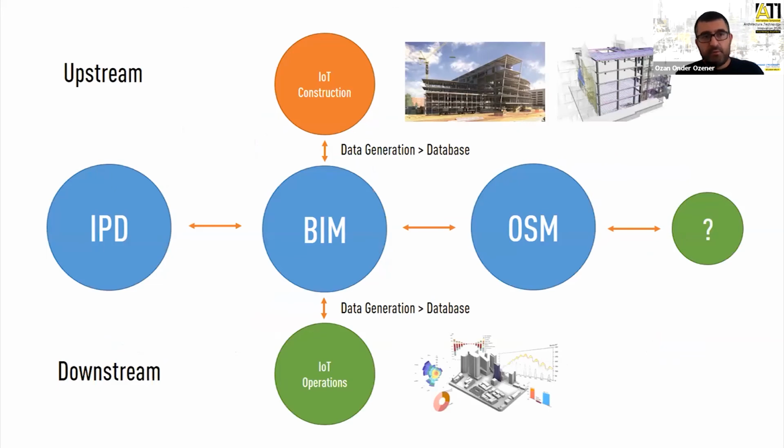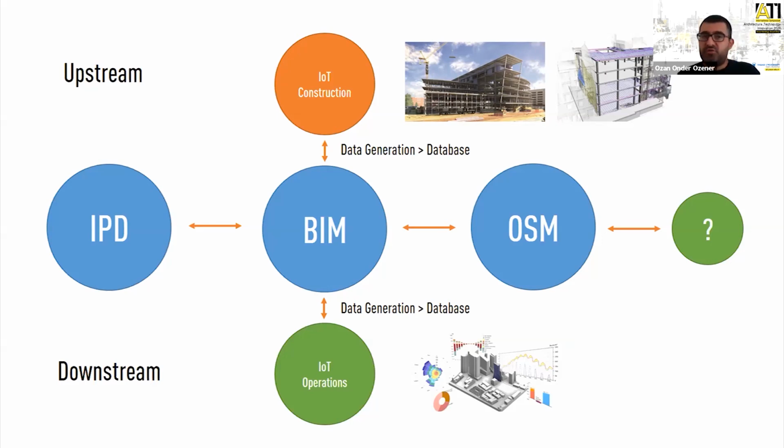Again, look at it from this point of view: BIM, integrated project delivery, offsite manufacturing, and other technologies. The question mark over there is not a simple thing, because maybe 10 years later we are going to use a different piece of technology. Maybe it's not BIM, we are going to call it something else. But the principle will be the same: how we are going to create data, process data, and get information, turning it into knowledge.